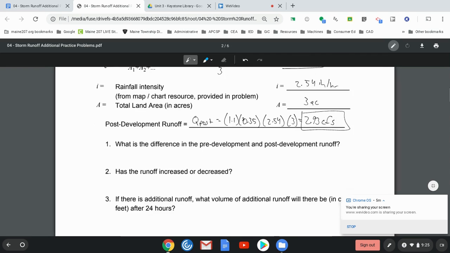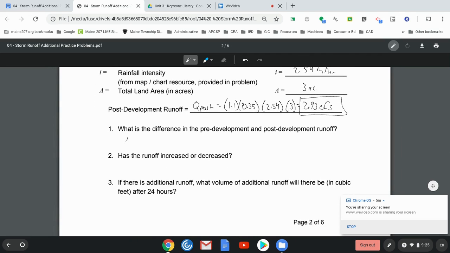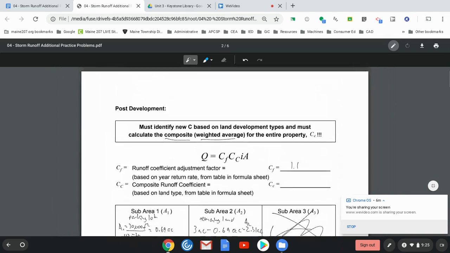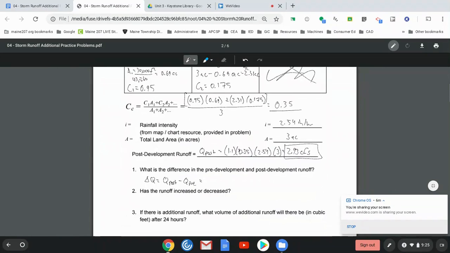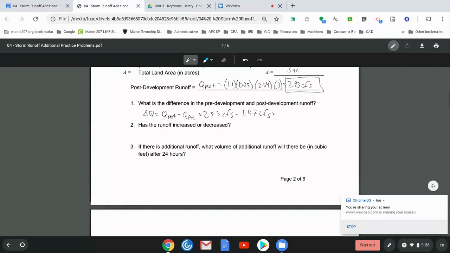So what is the difference between pre and post? Delta Q is equal to Q post minus Q pre. So it is 2.93 minus 1.47 cubic feet per second, and it's an increase of about 1.46.